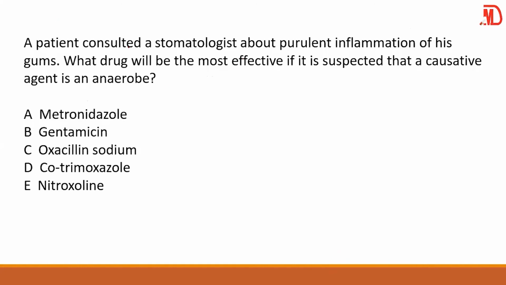Good. A patient consulted a hematologist about purulent inflammation of his gums. What drug would be most effective if it is suspected that the causative agent is anaerobic? The drug that can treat anaerobic conditions mostly is metronidazole.